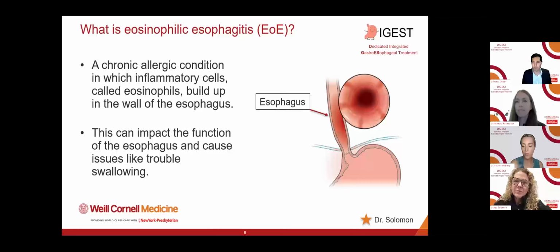And so if you see inflammation or eosinophils in the esophagus from GERD, it's more likely at the bottom of the esophagus. We can see here in this picture on the right that the bottom of the esophagus is close to the stomach. EOE, that eosinophil buildup can be all throughout the esophagus, impacting the function of it. So let's keep moving.